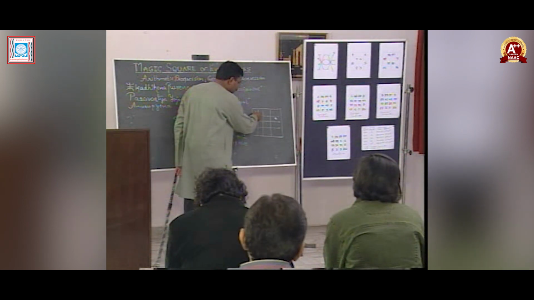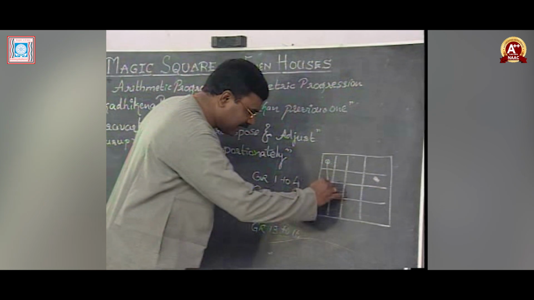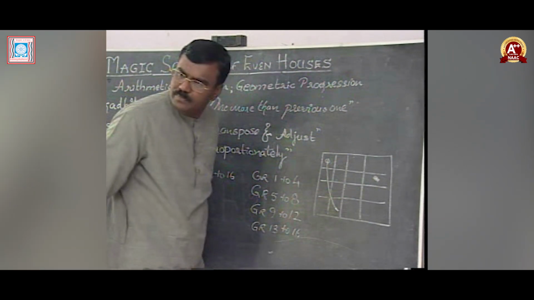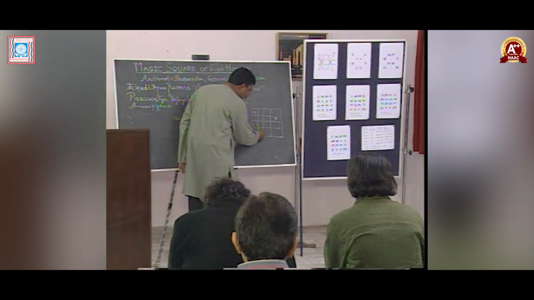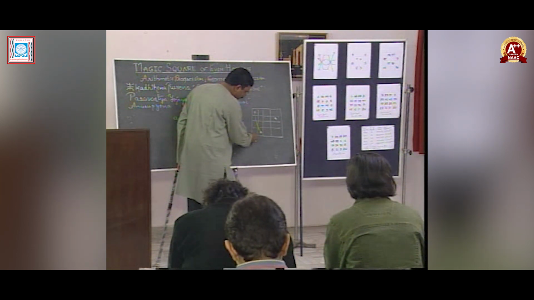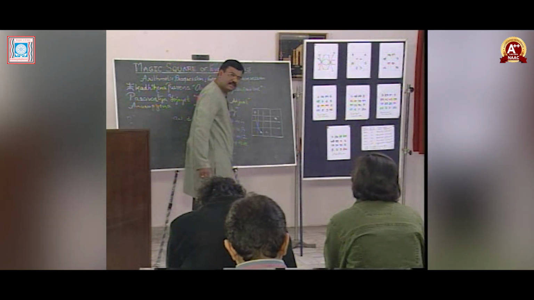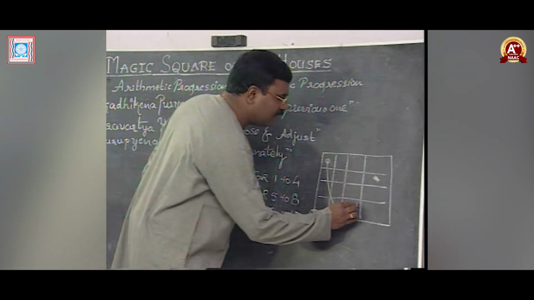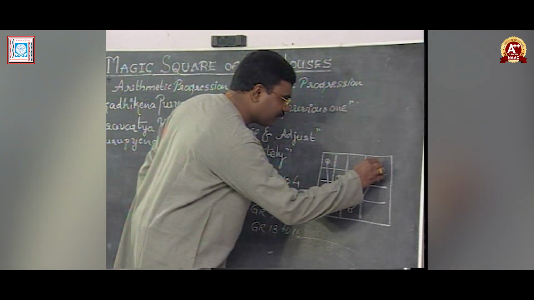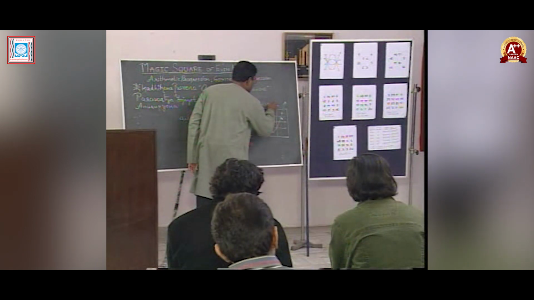It moves in the anti-clockwise direction. The second term will occupy the 4th row second column. The third will occupy the 4th row third column. It will move to the first one. This is the first group moving in the anti-clockwise direction.